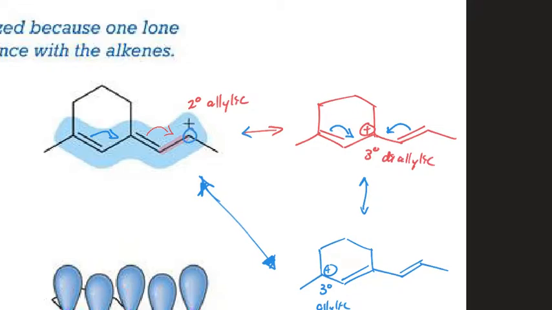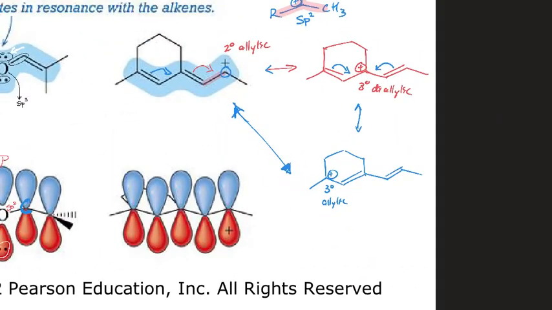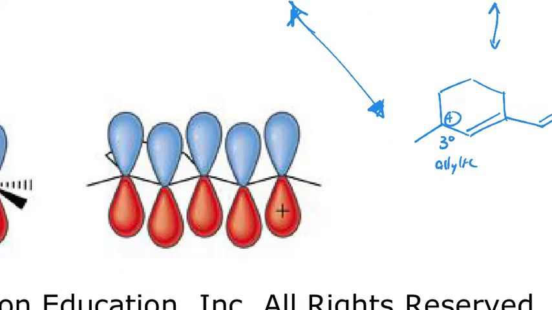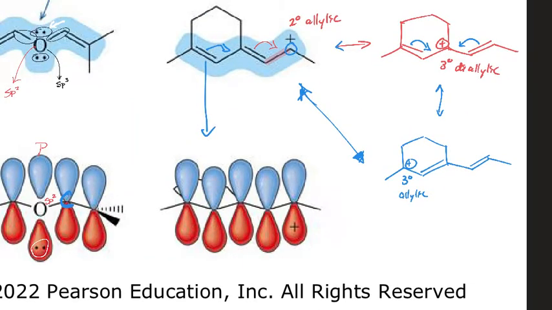Now, this carbon has one hydrogen on it. So it should look like that. That means electrons are coming off in 1, 2, 3 directions. So, oops, not 3. This is an sp2 hybridized atom. So it has a p orbital, and the carbocation resides in it. And you can see that this pi bond is there.